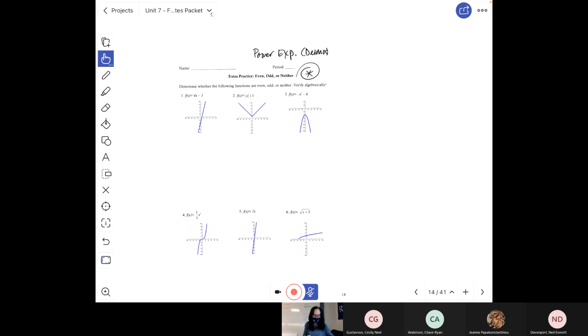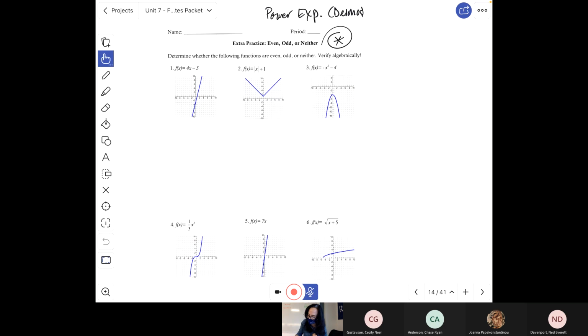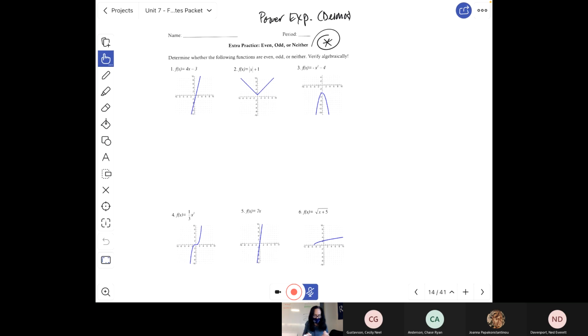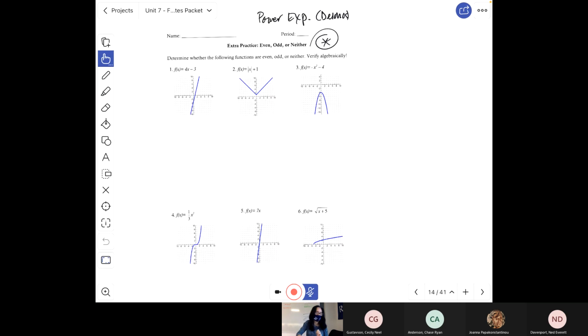Again, with all of them, you should be able to verify them algebraically, and I'd like to go over them in class before we leave today. So let's go ahead and look at these now. Even, odd, or neither. For all of these, you should be able to algebraically determine them and verify.